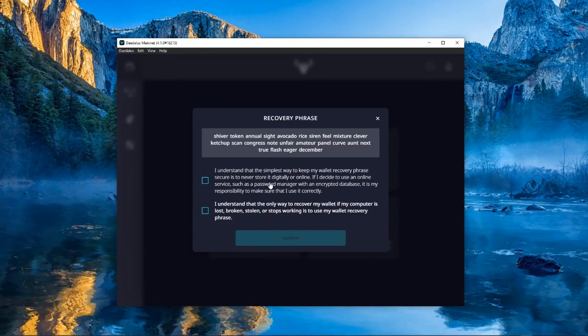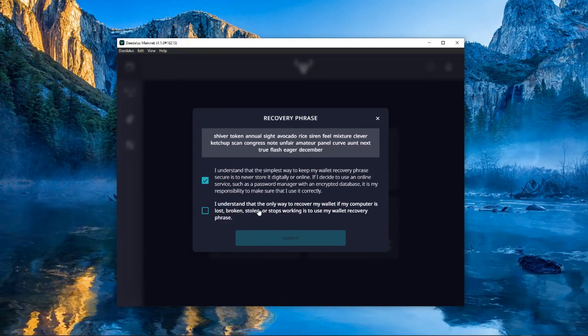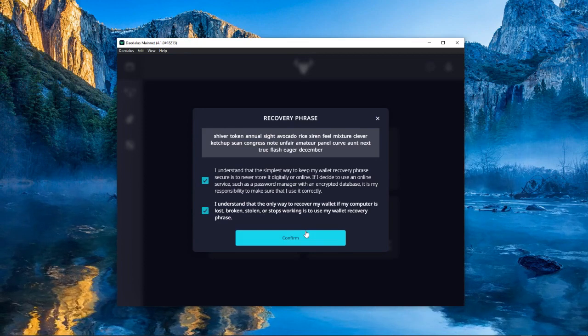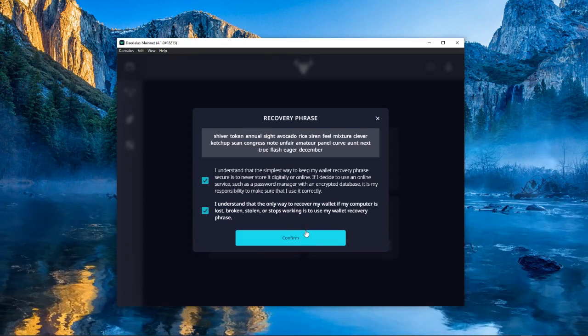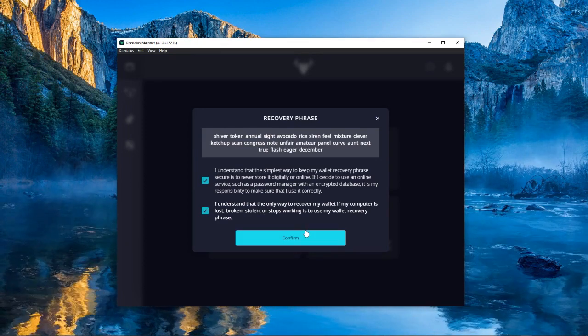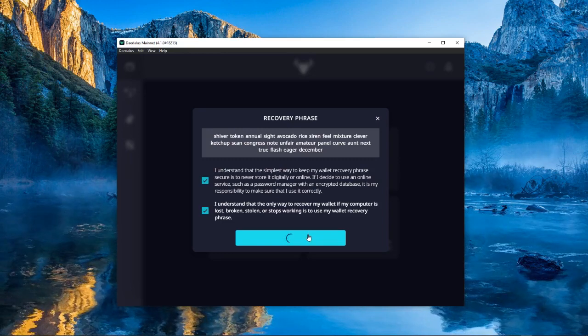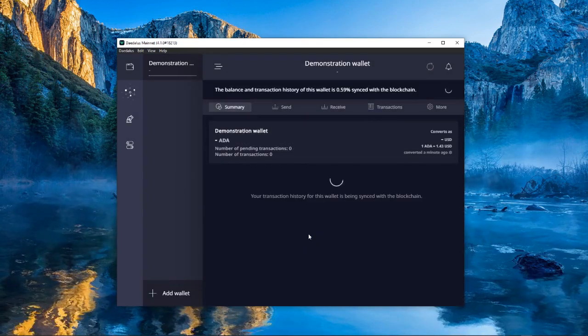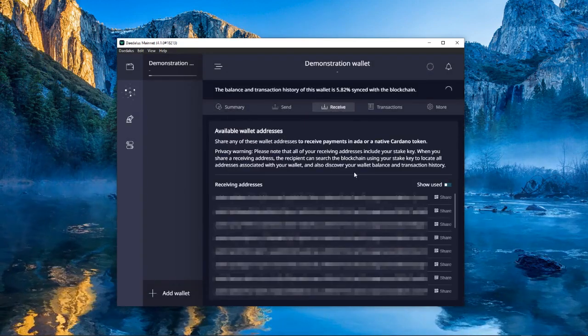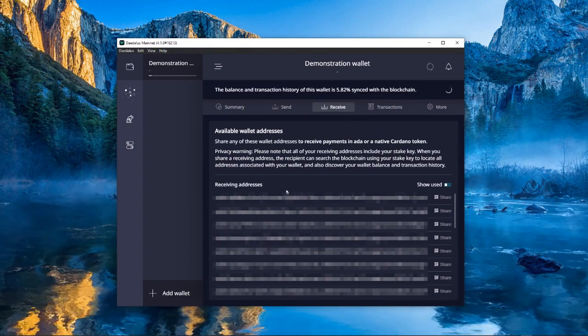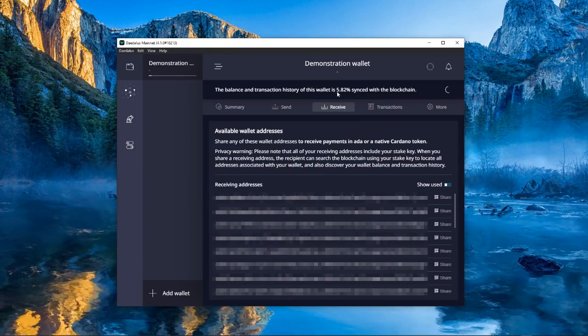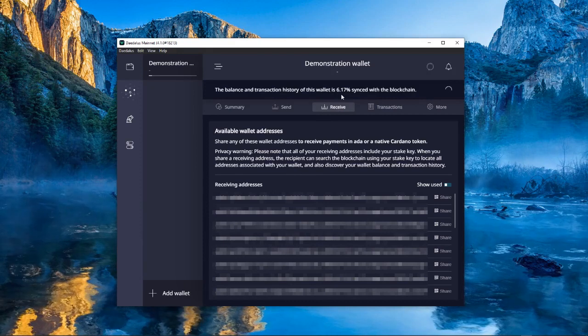Next, you have two checkboxes to click: understanding the risks of holding a wallet on your computer or having a recovery phrase on your computer, so you press confirm, and now you have the wallet set up. Now that we have the wallet set up, we can start receiving Cardano even if the blockchain is not fully synchronized.